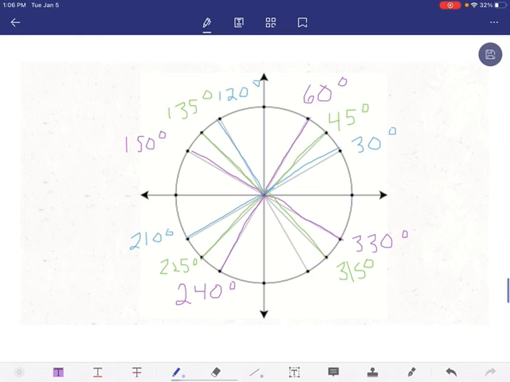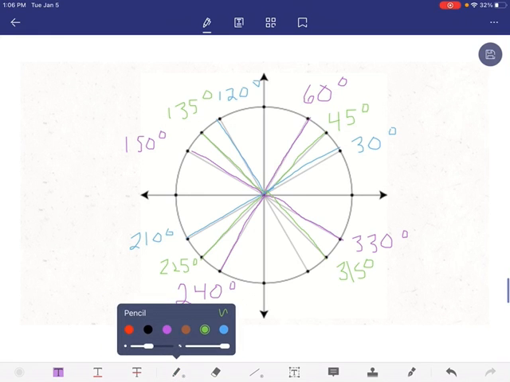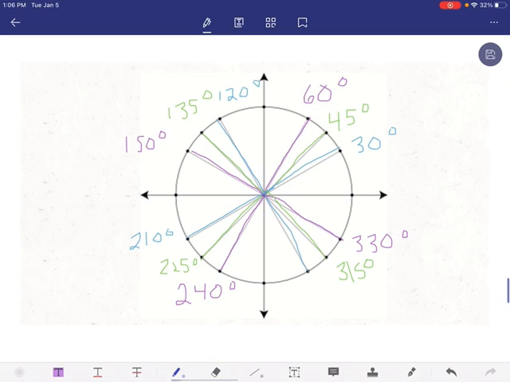And then lastly, we would have 120 plus 180, which is going to give us 300. Now, that's all of our intervals for our 30, 45, 60.